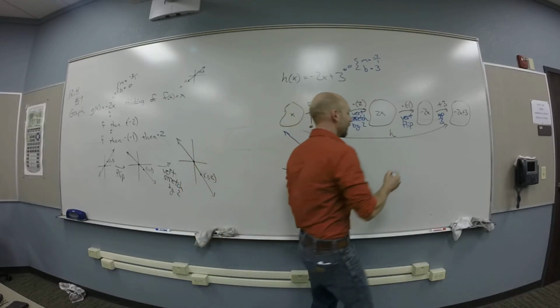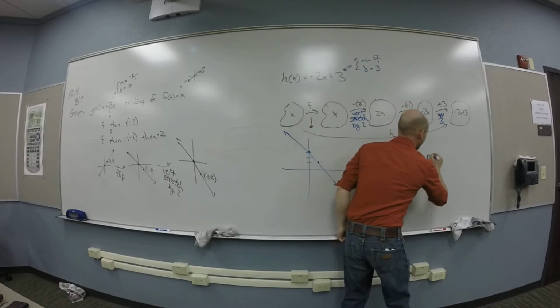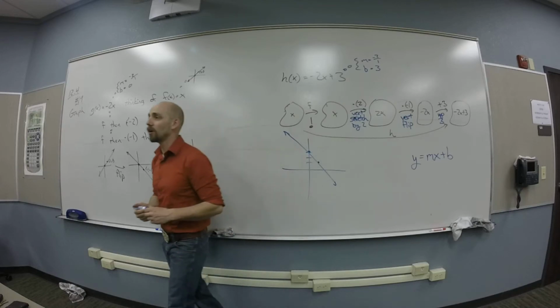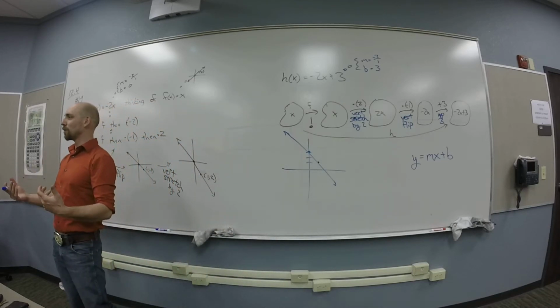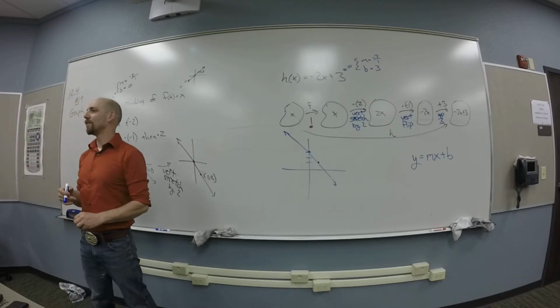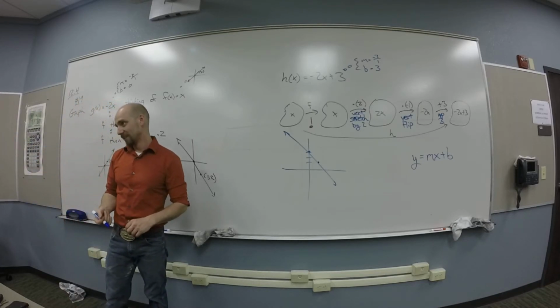Okay, so to review lines, that's thinking, okay, I have some formula. It goes y is mx plus b. Except I took y's away from you, and I said function rules.